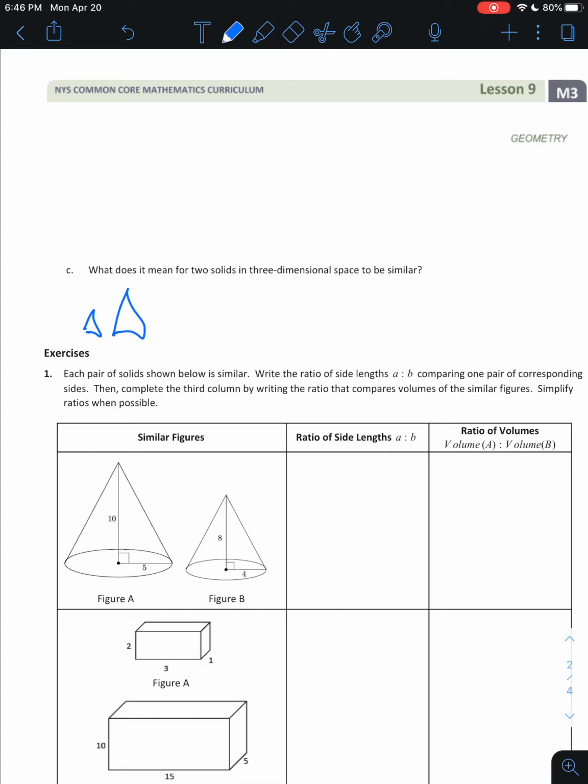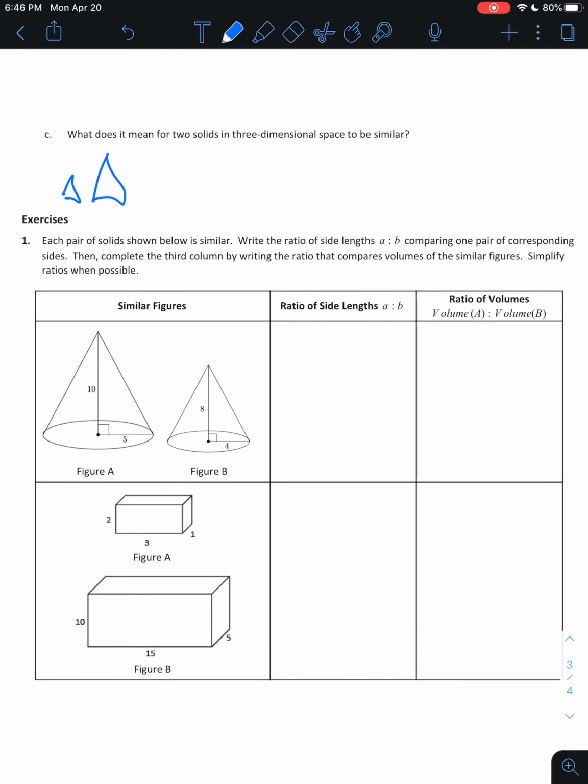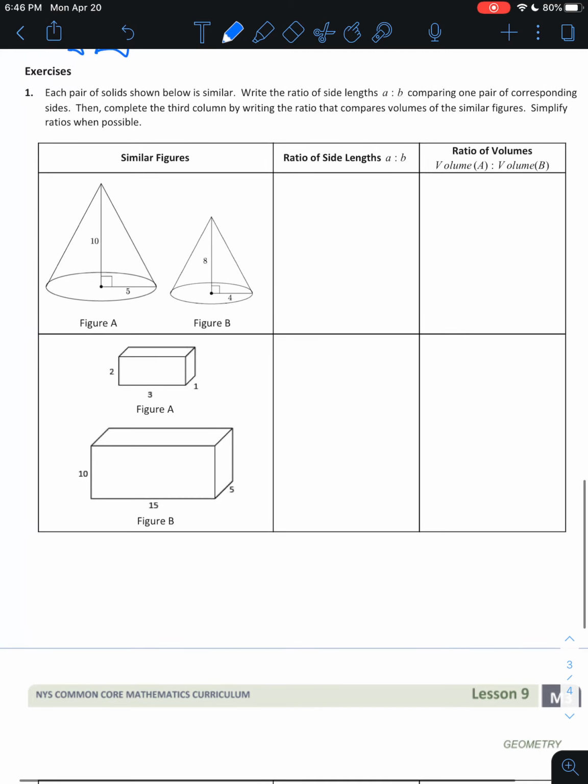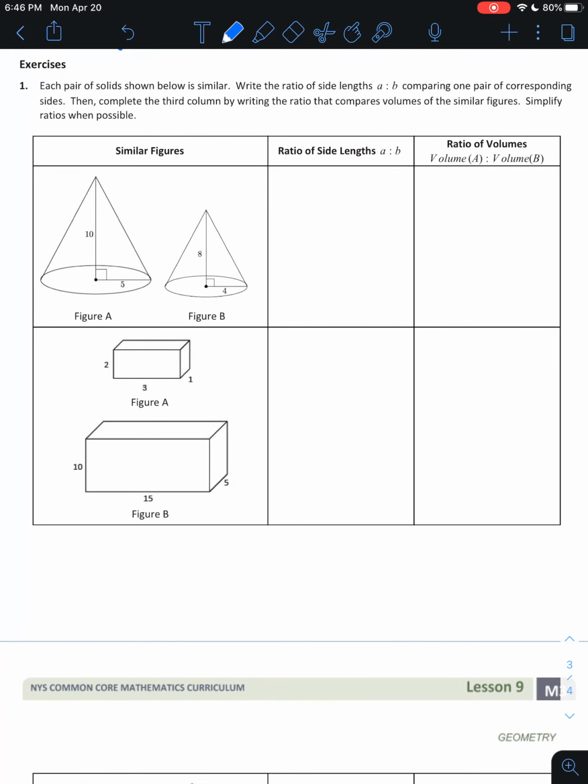Okay, and now we're ready for our example with volume. So it says each pair of solids shown below is similar. So if we look at this first example over here, we have these 2 cones, right? And they're similar. So they're the same shape, but different sizes.